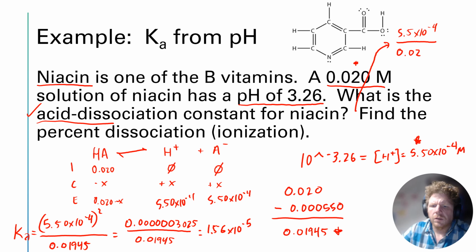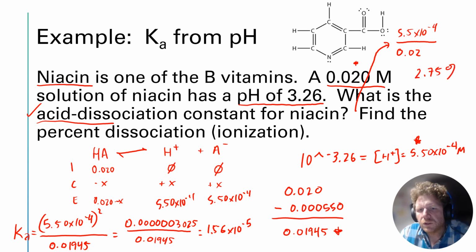So I'll plug that in. 5.50 exponent negative 4 divided by 0.02. That's multiplied then by 100, and I get 2.75% ionized.